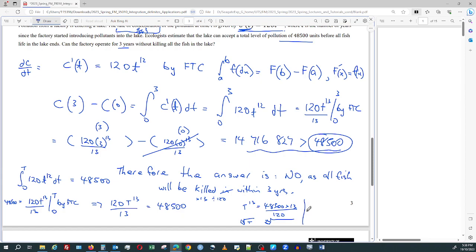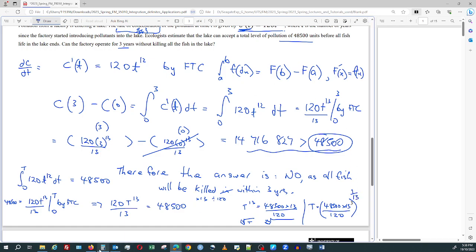So T will be equal to 48,500 times 13 divided by 120, all to the power 1 over 13. That's the 13th root, isn't it?